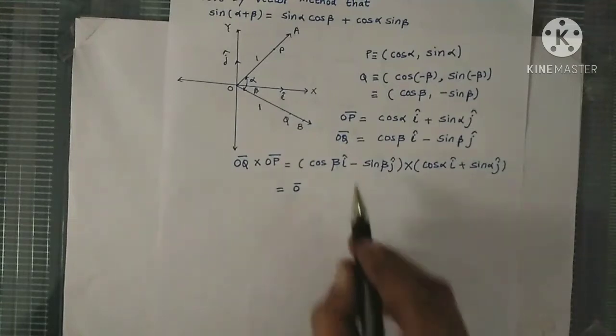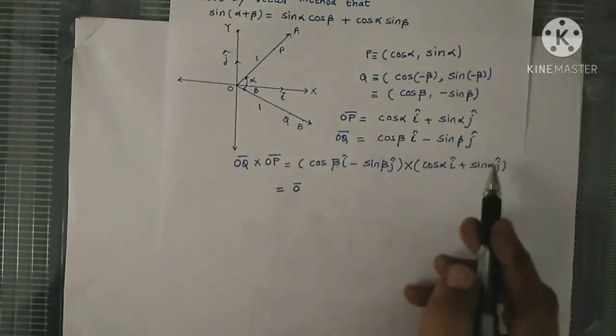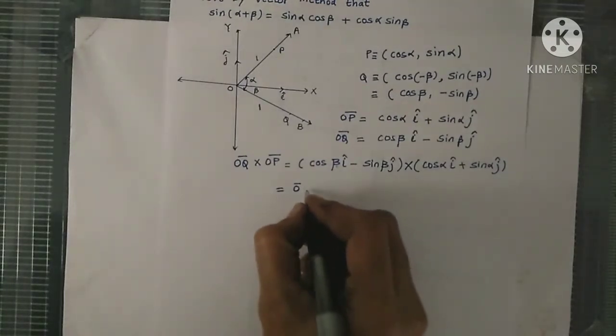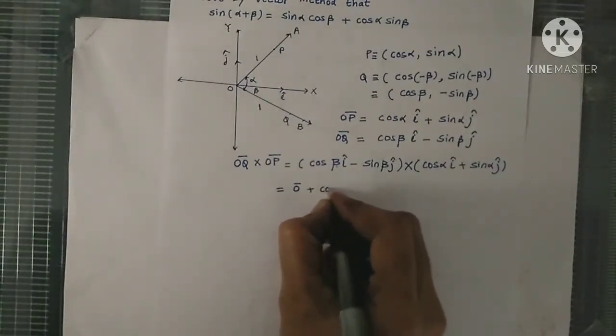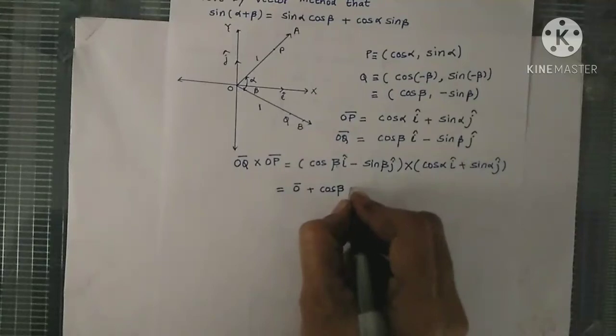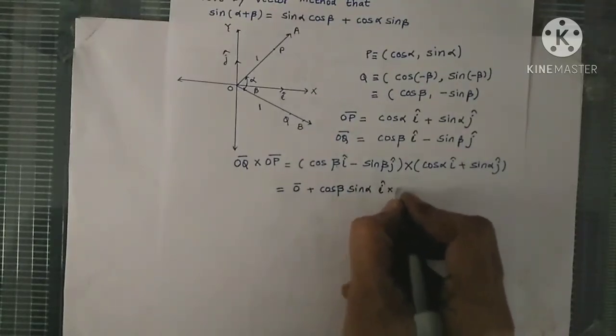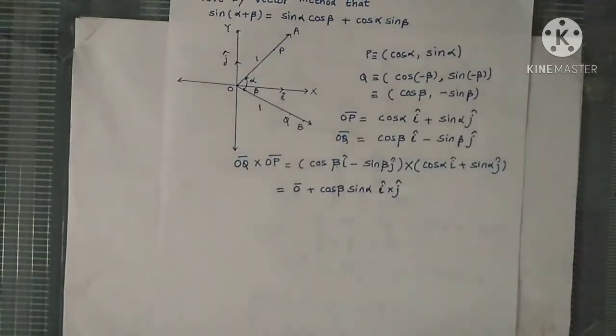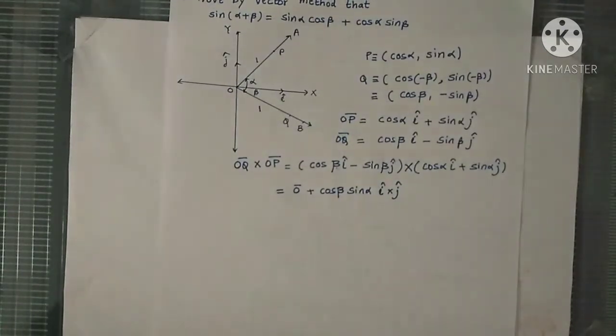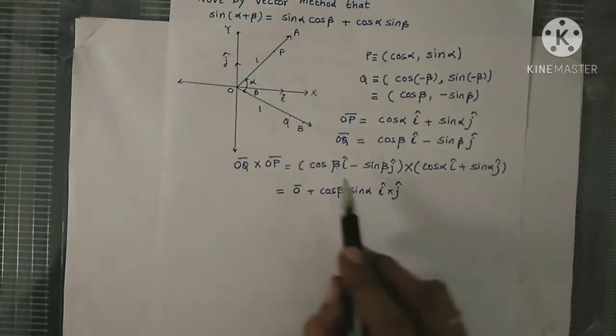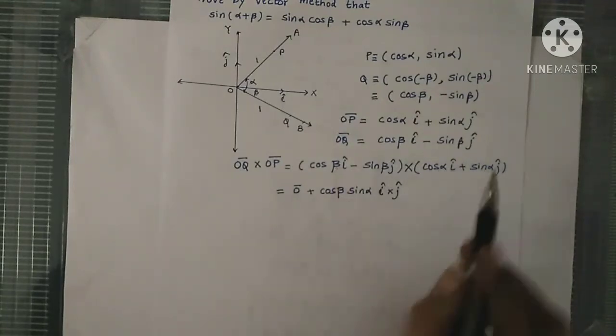Now the next term is cos beta i cap cross sin alpha j cap. So the constants are cos beta sin alpha, i cross j. Let's write like this only, and in the next step we will simplify it. So we have cross product of cos beta i cap with both the vectors.